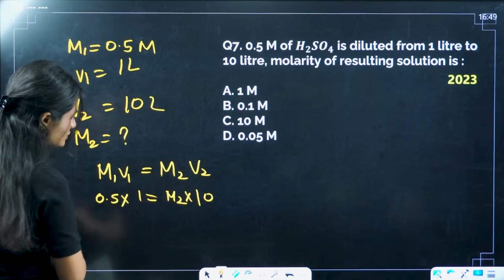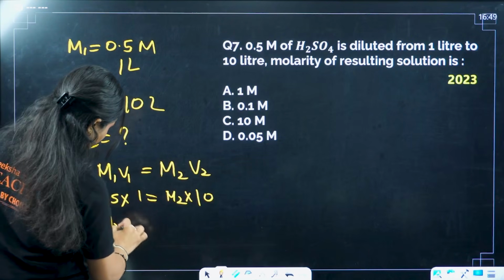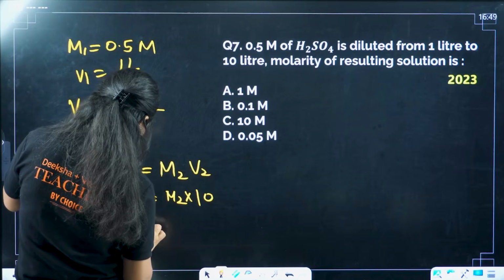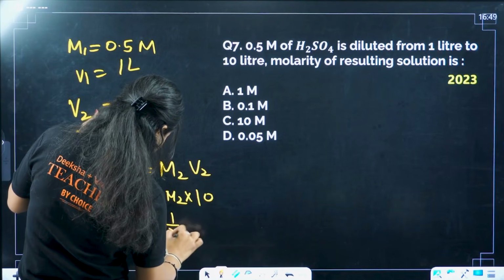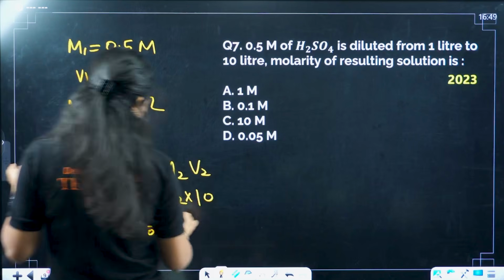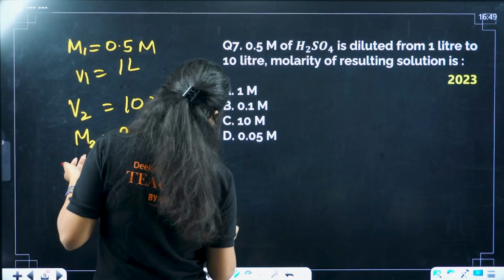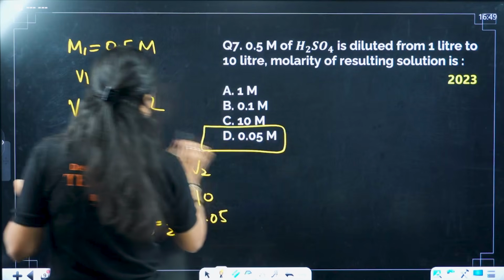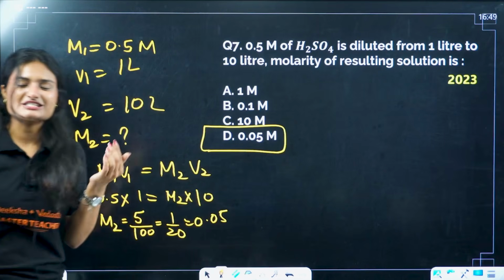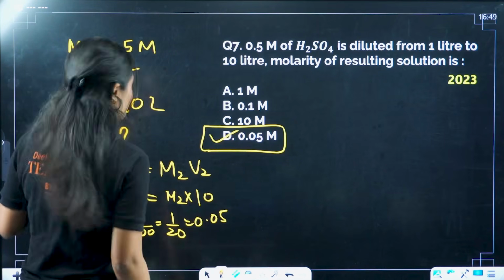So M2 is equal to what? Yes, 5 by 100, 1 by 20, or 0.05. That means option D is your correct answer, okay.